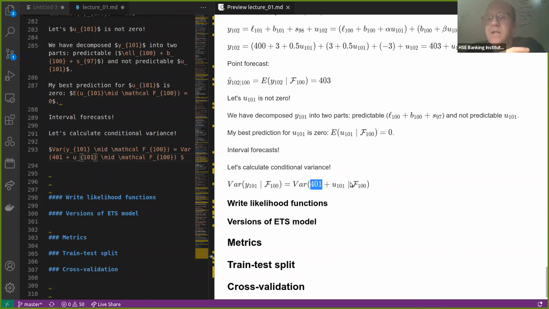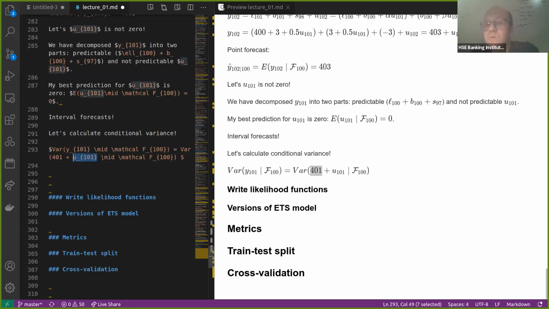So the basic idea when we forecast with ETS models is that we plug in the part of Y_T that we can calculate, and we think about the part that we cannot calculate exactly as a random variable. So what is the distribution of U101?